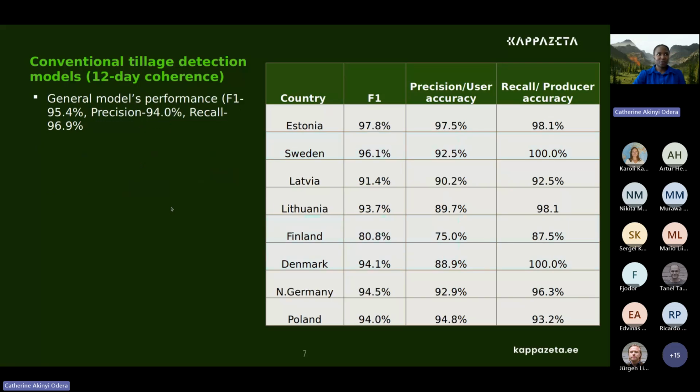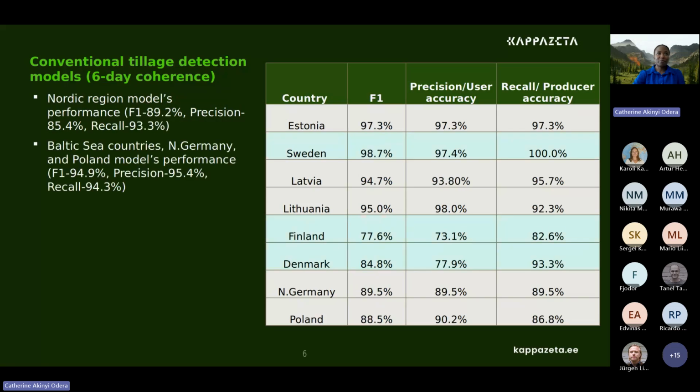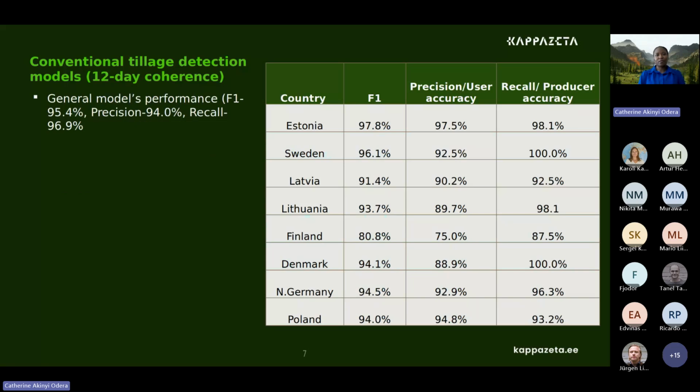I will move on to the 12-day coherence. For this, the model performed better than what we had in the 6-day coherence. And the reason behind this is the fact that we had more ground truth data for training the 12-day coherence conventional tillage detection model.